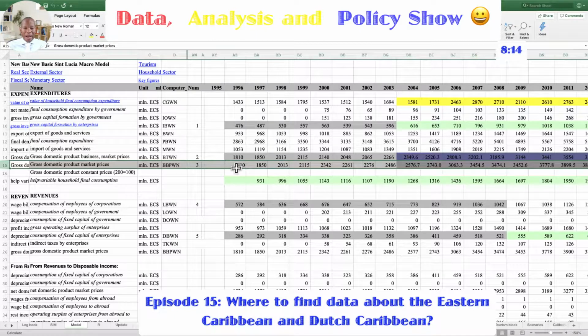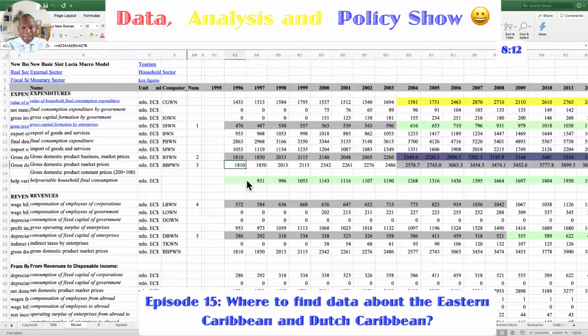So now let's look at the total economy. That is 1.8 billion. You see, in 1996, we don't have data before that. For Curacao, we have more data, but right now the total economy is about 1.8 billion.